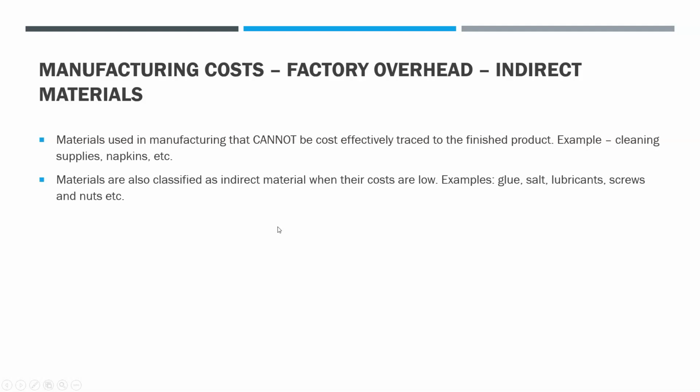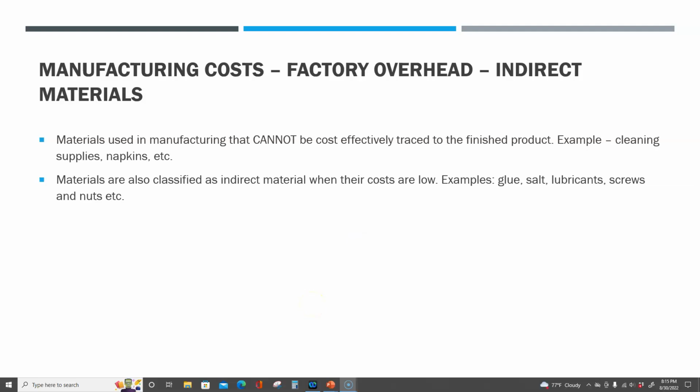Sometimes materials that we do find in the finished product are classified as indirect materials when their costs are low. For example, if you're looking at a car, the car uses a little bit of glue in certain places, or lubricants. Not a lot, but they use glue and lubricants in manufacturing the car.